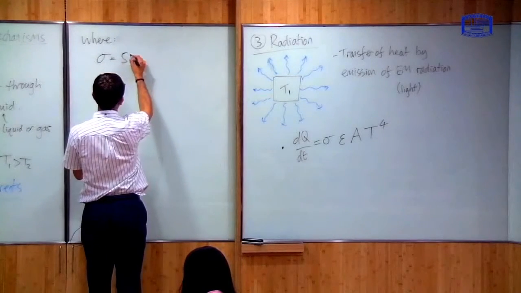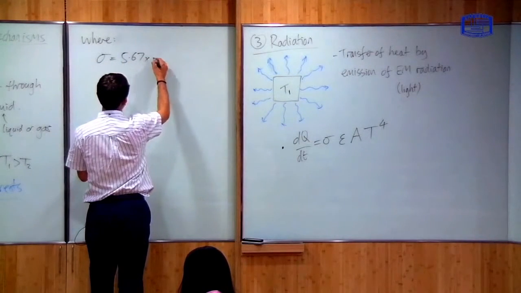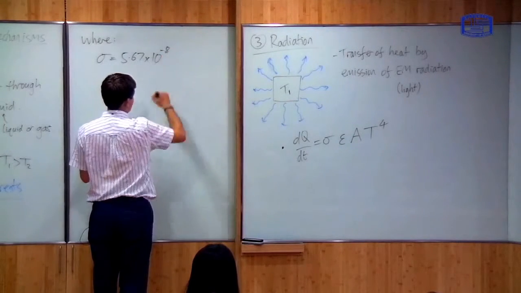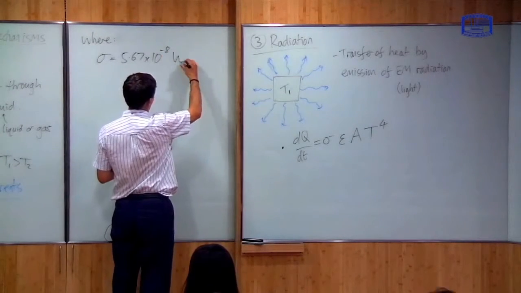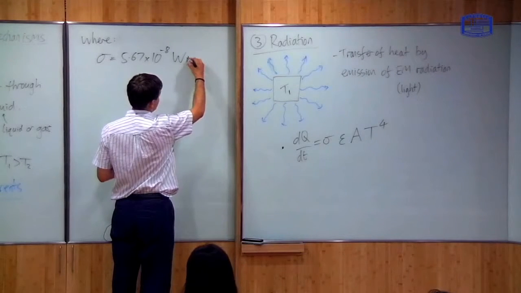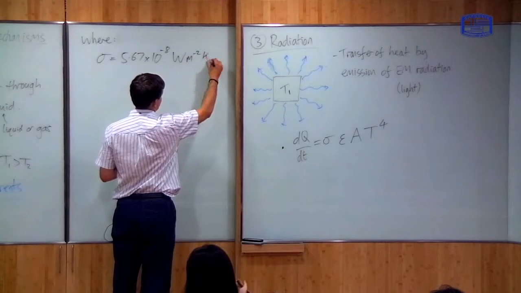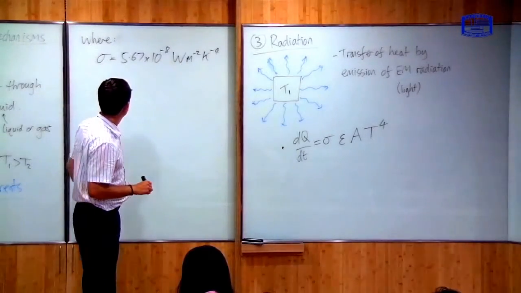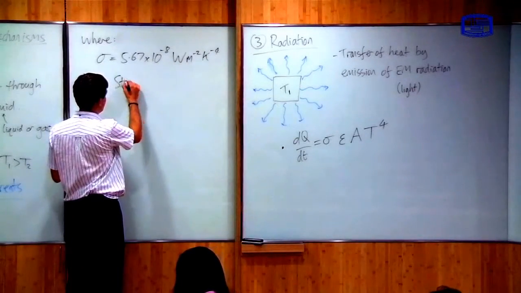And it has a well-known value of 5.67 times 10 to the minus 8. Units are watts per meter squared per Kelvin to the 4. And this is known as the Stefan-Boltzmann constant.